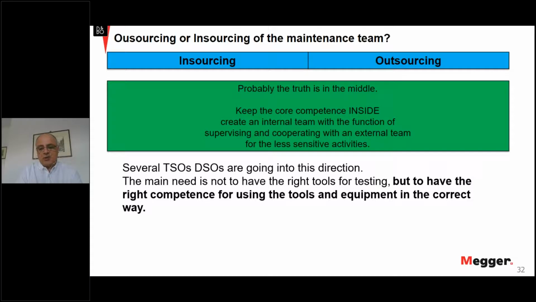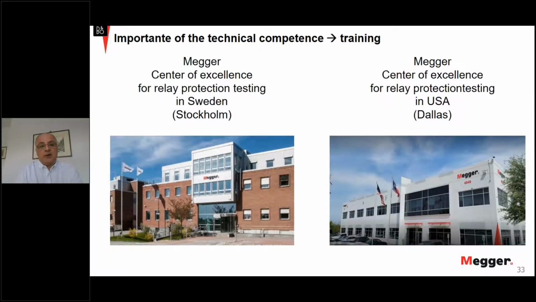So training and competence is a key factor in trying to have this core department of expertise in the company that you didn't have before. From the training point of view, we in Sweden and in Dallas are the two centers of excellence for relay protection testing. I apologize for this mistake.